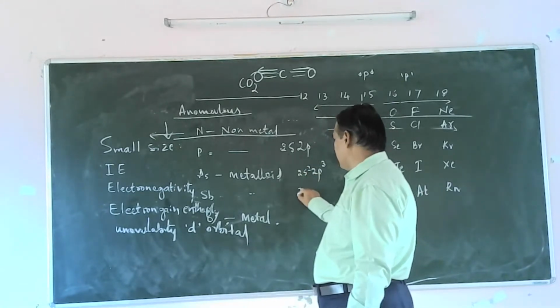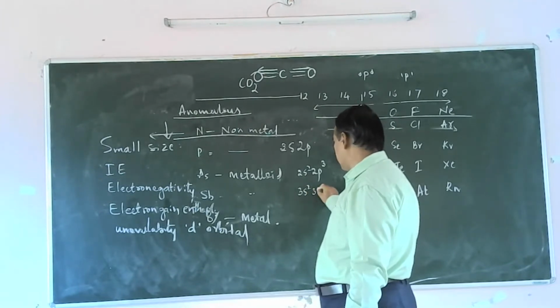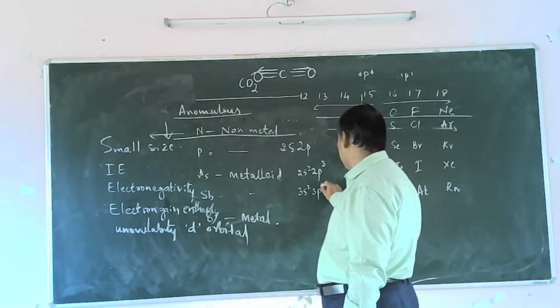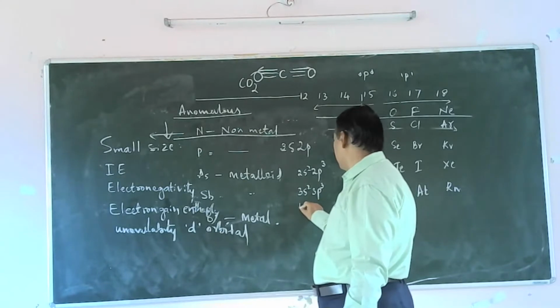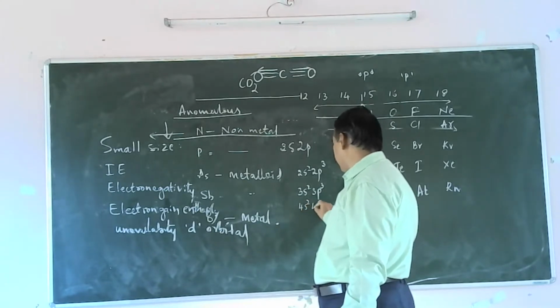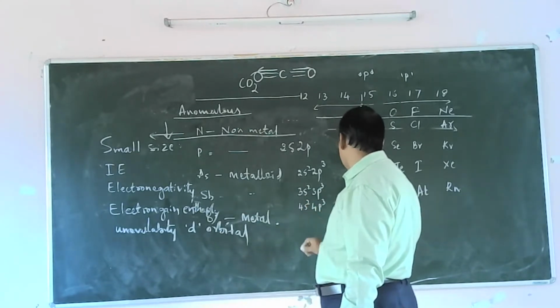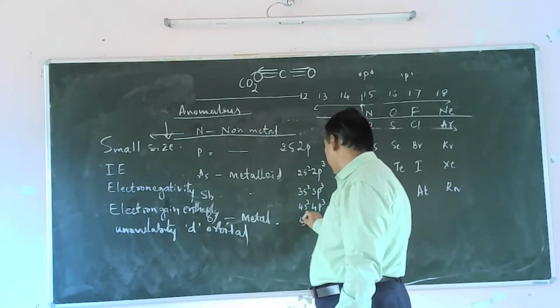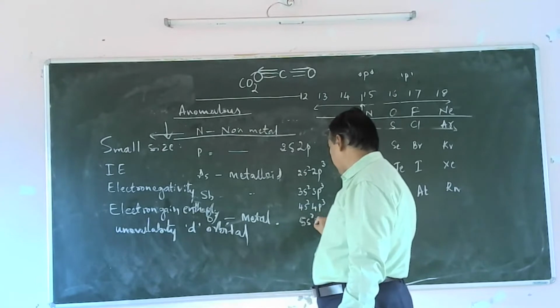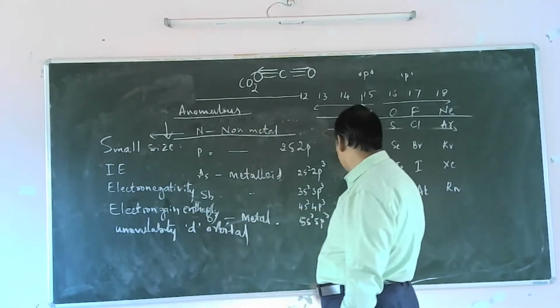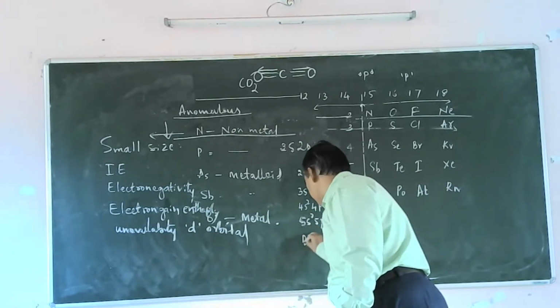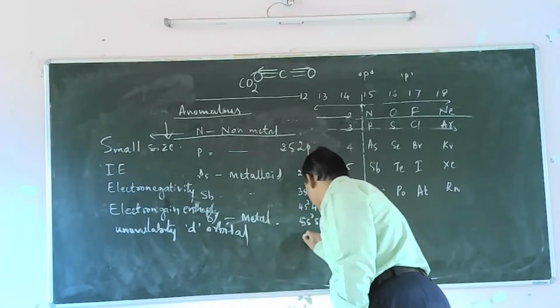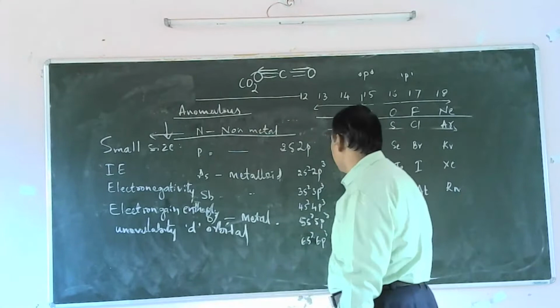If we go for phosphorus, 3s2 and 3p3. Arsenic, 4s2 and 4p3. Antimony, 5s2 and 5p3. Then bismuth, which is 6s2 and 6p3.